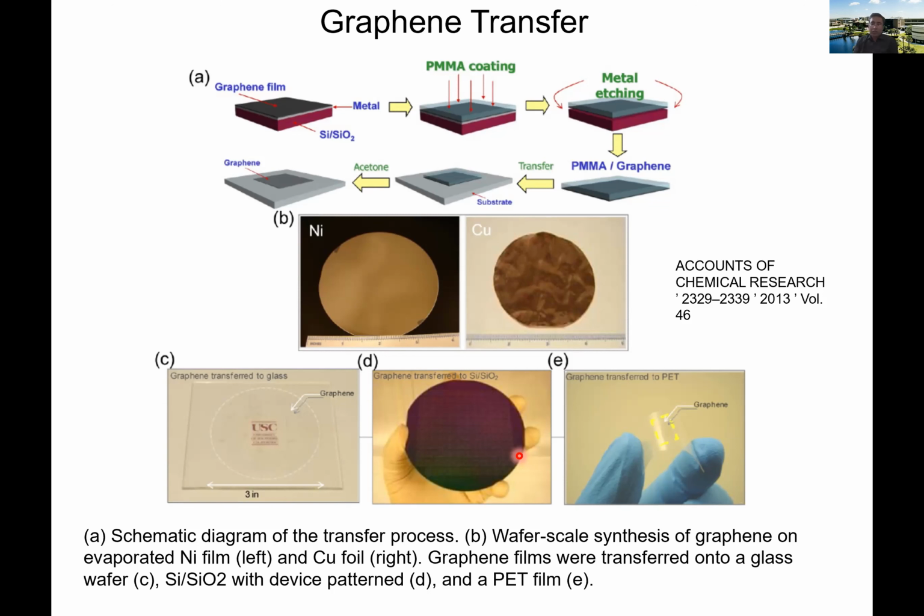You have to be careful that the PMMA doesn't collapse, because then graphene will have a lot of wrinkles, and we don't want that. So we need to be careful to maintain the surface tension of the PMMA graphene layer. You scoop it out of the solution and very gently put it on the substrate, silicon dioxide or sapphire, and then you go back and do your device processing on that material.